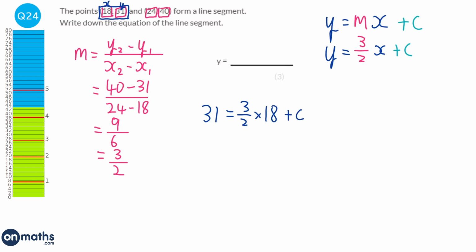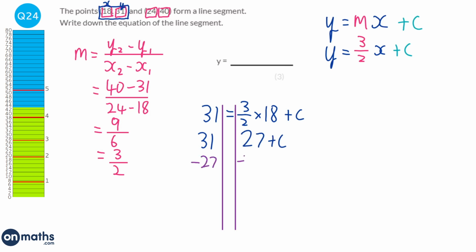And so all we need to do now is solve it. So there's going to be quite a few components here. We're going to do 3/2 of 18 first of all. So 3 over 2 times 18, well, that's going to be 27. And then we're going to subtract 27 both sides.